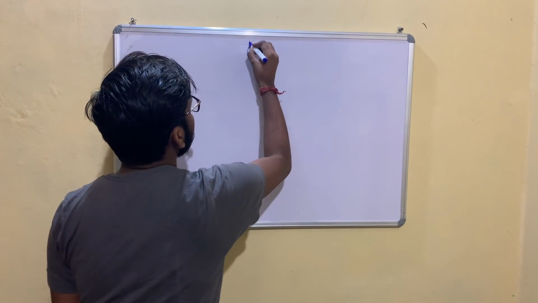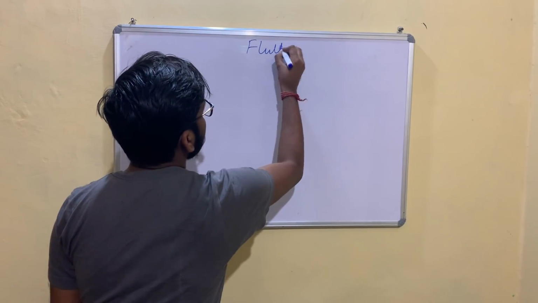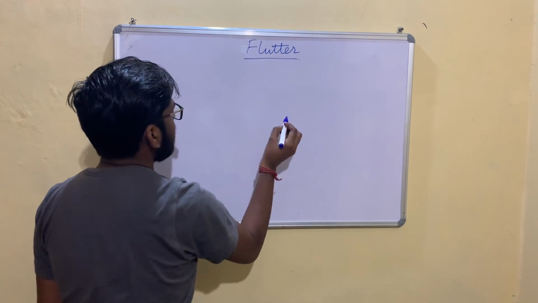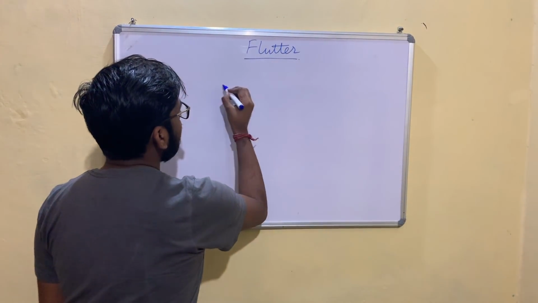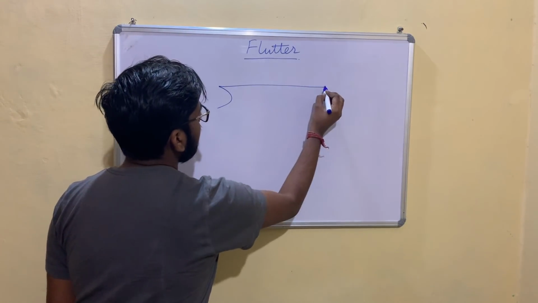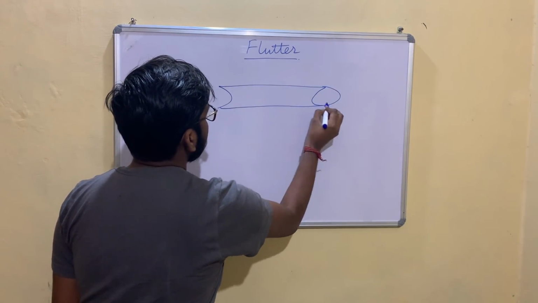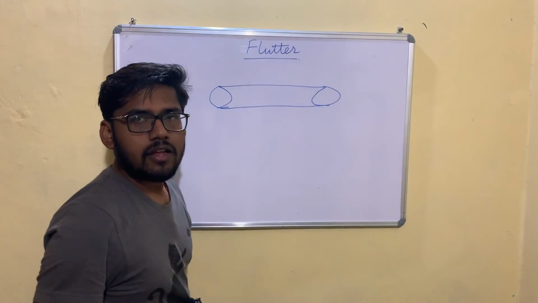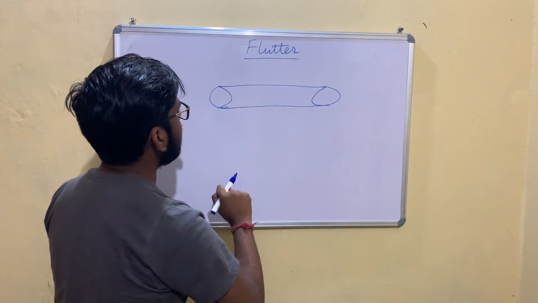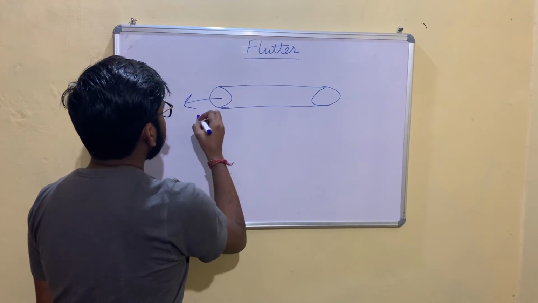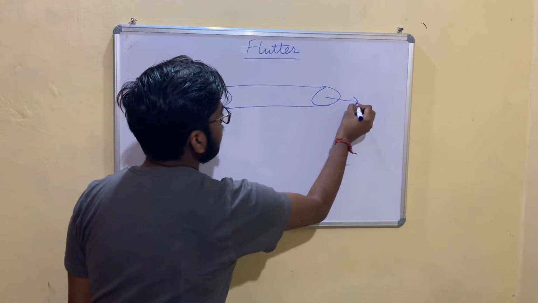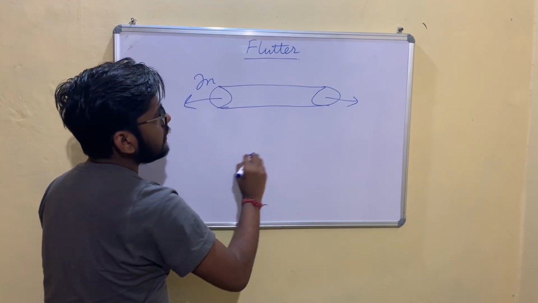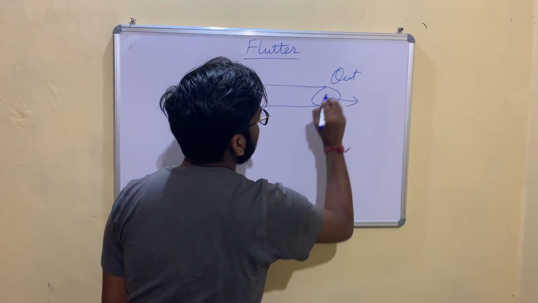So this is Flutter. I hope it is visible. Okay, and so let's say we have a pipe like this. Okay, this is the pipe, and I know this is not a very good pipe, but this is one end, and this is the other. So we call it in, and we can call it out.